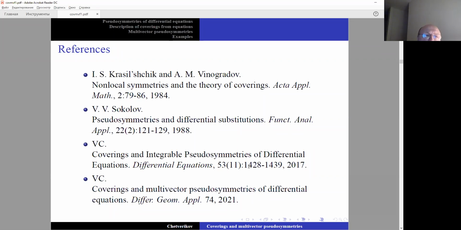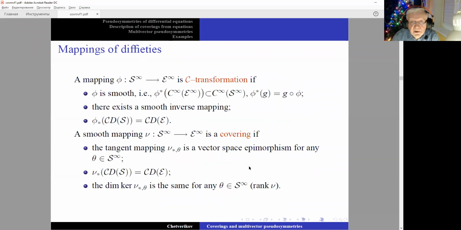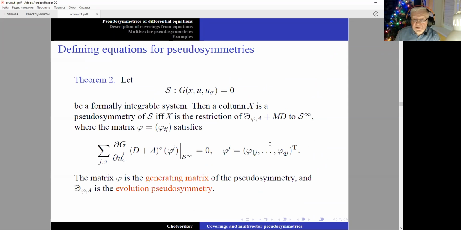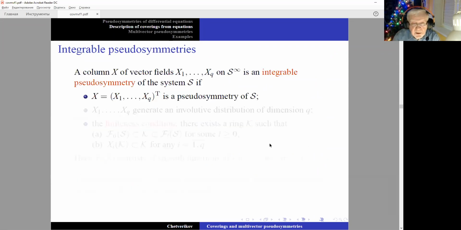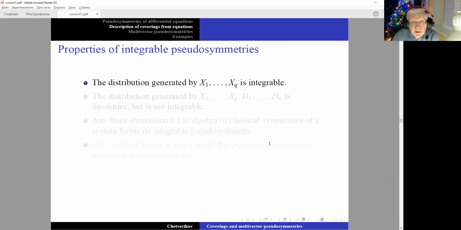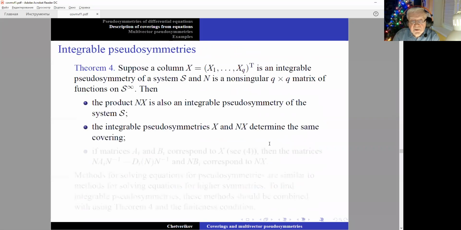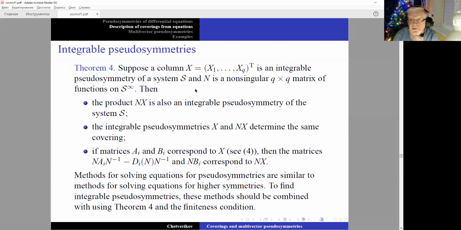Yes, we have a similar defining equation of this equation, of course, and we can also use the Frobenius theorem, because any pseudosymmetry determines a distribution, and any basis of the distribution is also integrable, is also a pseudosymmetry.